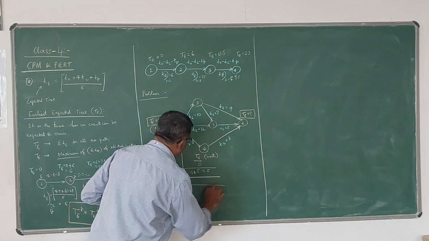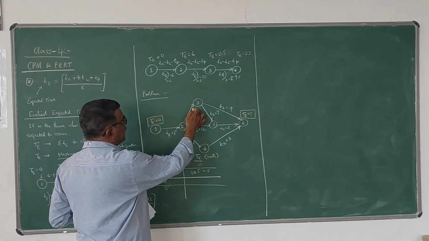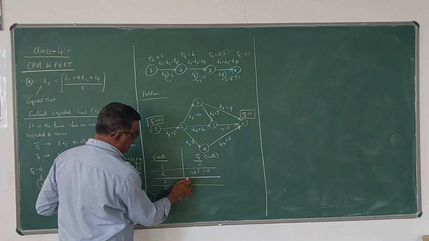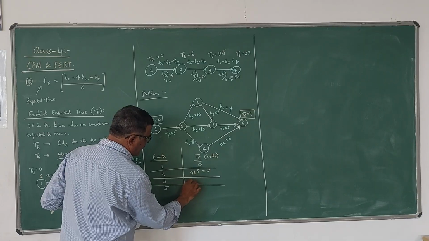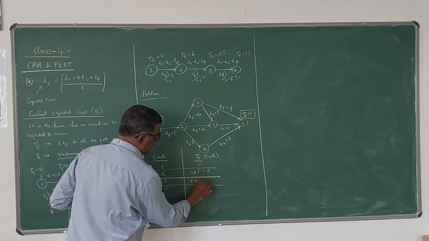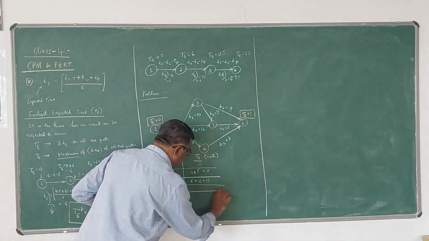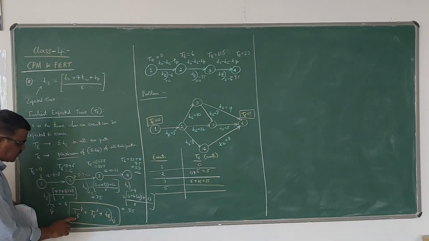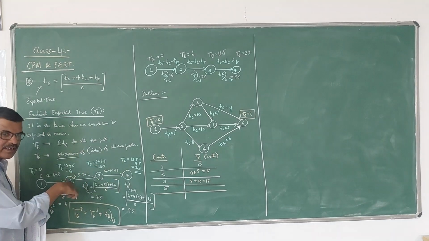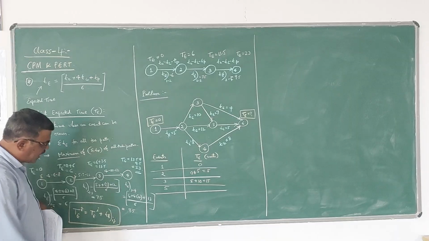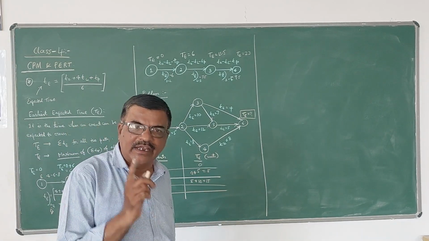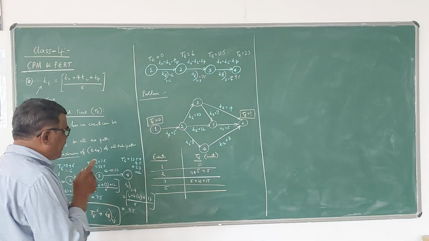Then for 3, I have to take T of 2, which is 5, plus t of 2,3, that is 10. So 15. I am using this formula. Here j stands for any event, i stands for the previous or predecessor event, and ij stands for the activity. Small t represents the activity, capital T represents the event.